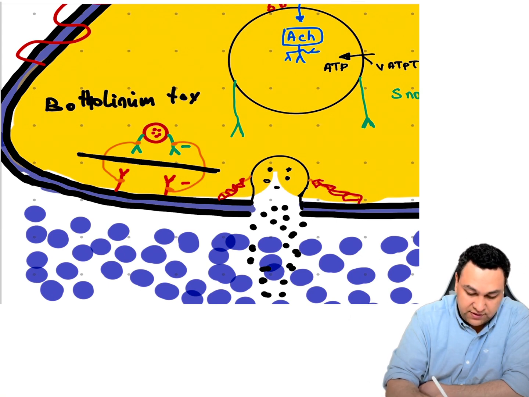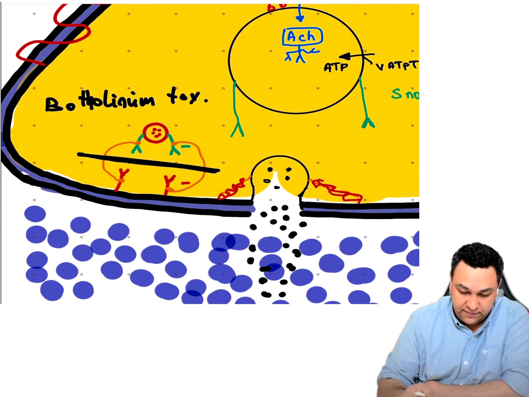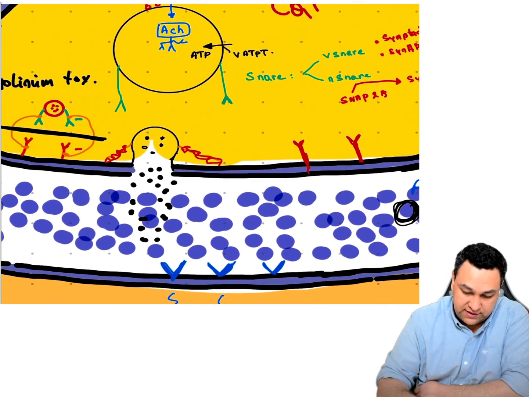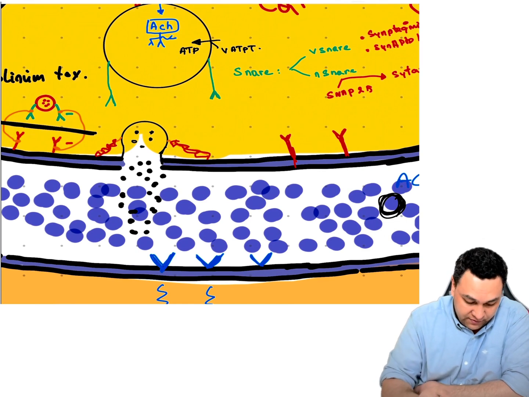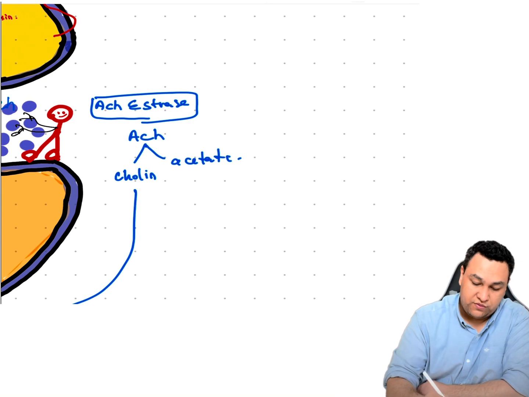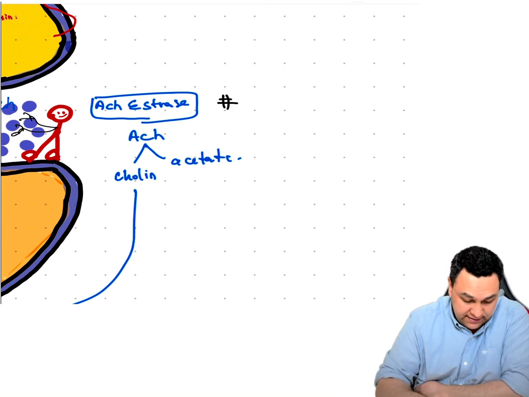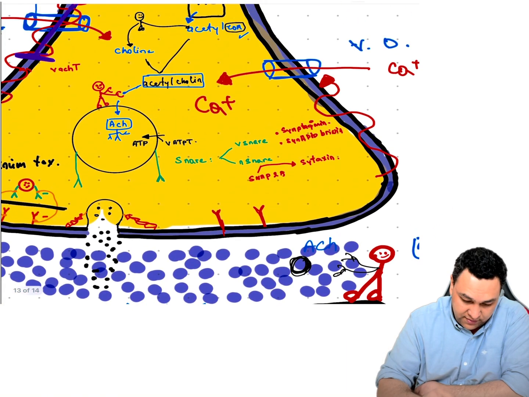So the botulinum toxin is blocking the attachment of SNARE protein with SNARE protein on the neuronal and vesicular side. And also we can have other inhibitors, such as inhibitors for acetylcholinesterase.